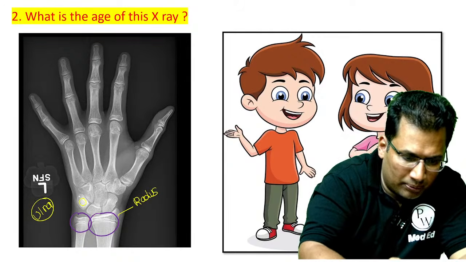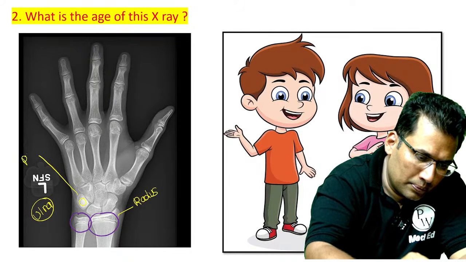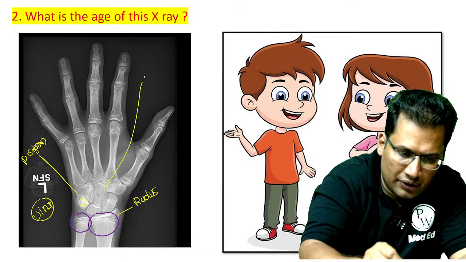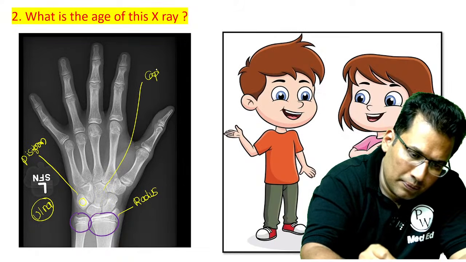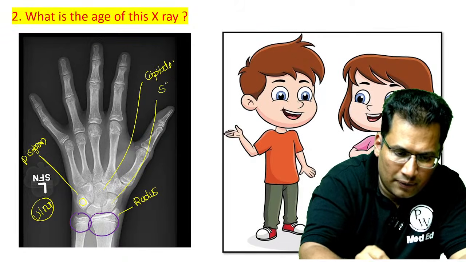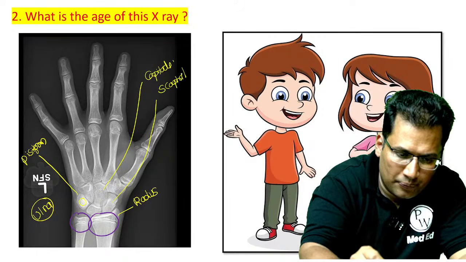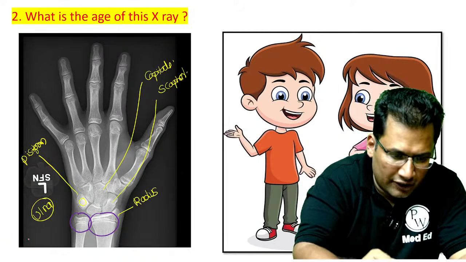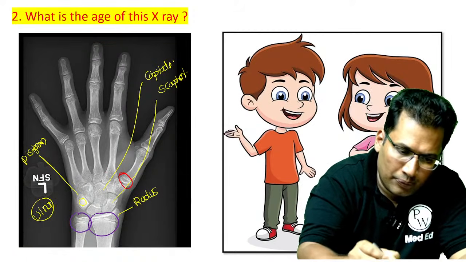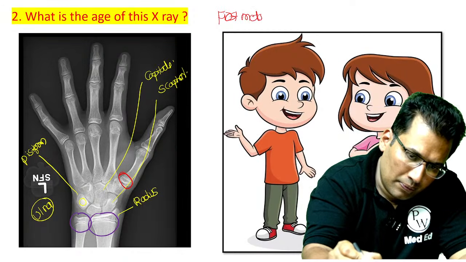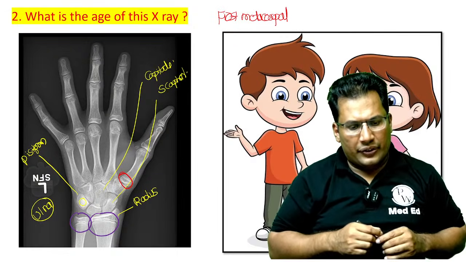This is pisiform. This is capitate. And this is scaphoid. And this is first metacarpal. So what is the age with this X-ray?